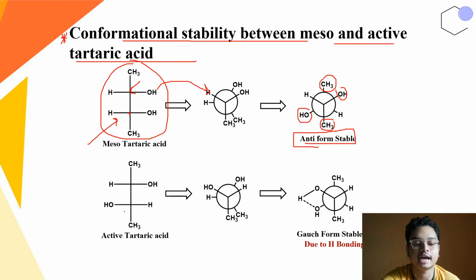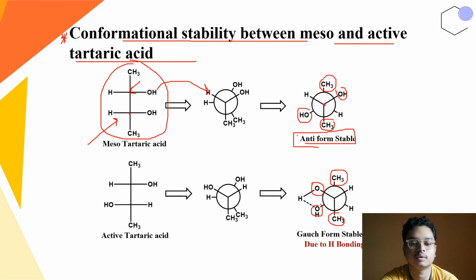But in the case of active tartaric acid, you can find that when the methyl group is anti, these OH groups now have closer vicinity for hydrogen bonding, and the naming is strictly determined by the priority group. Here in this carbon, you know that between CH3 and OH, OH gets the highest priority over the CH3 group.